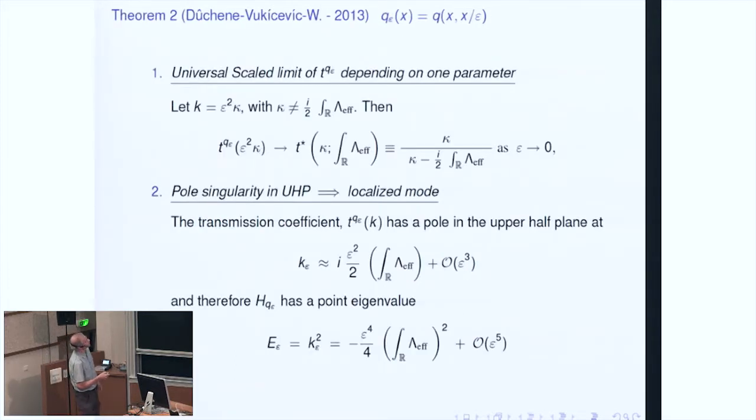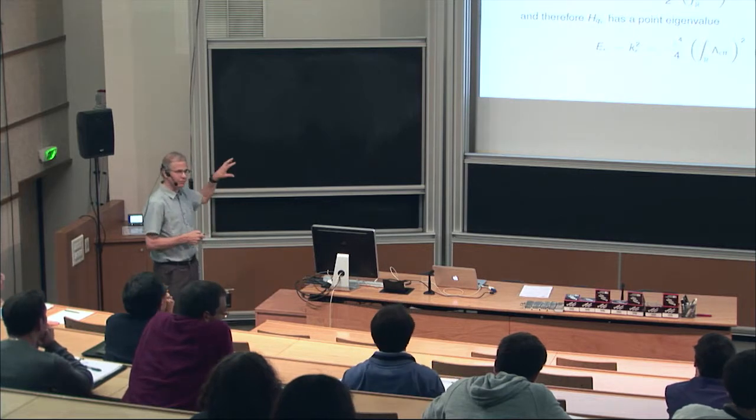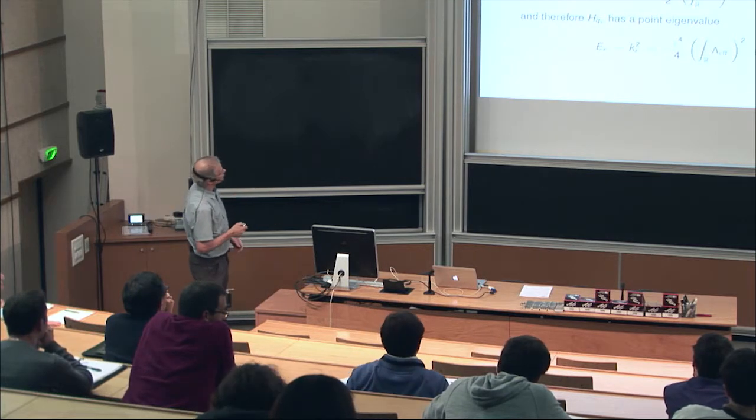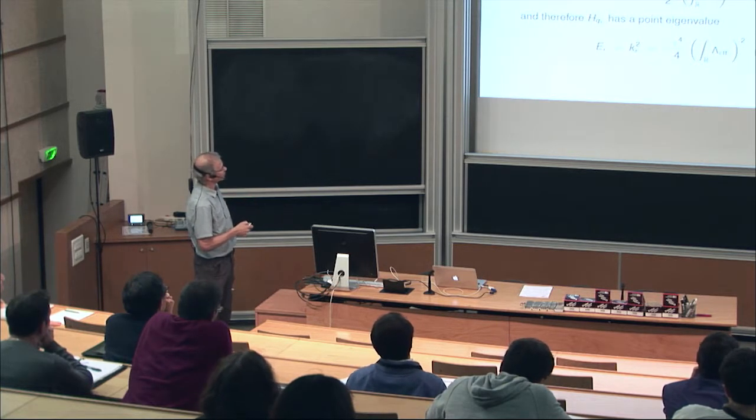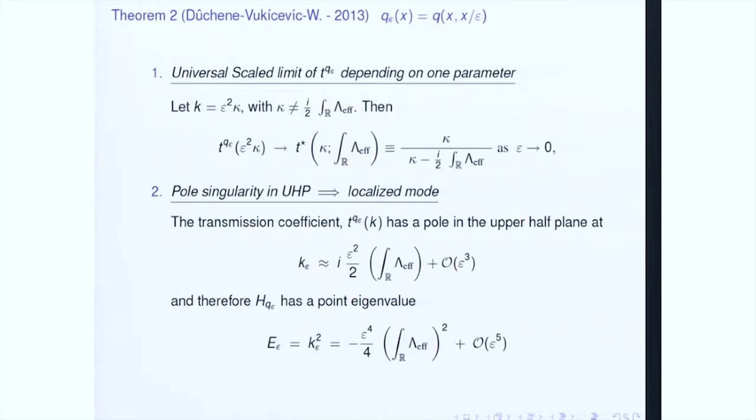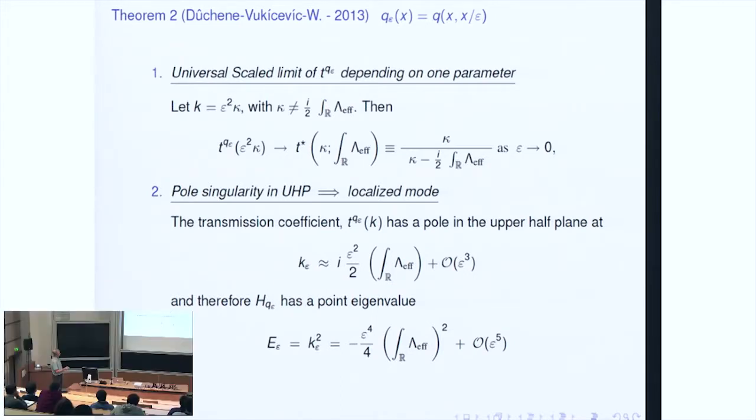More precisely, if one blows up a neighborhood of low energy, then one sees that there's a universal scaled limit for the transmission coefficient. It approaches a scaled limit which we call T star of kappa. So here we're blowing up a neighborhood of k equal to 0. T star of kappa is some universal limit, and it depends on a single parameter, namely the integral of the effective potential.